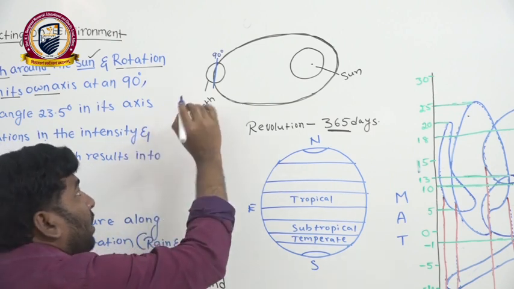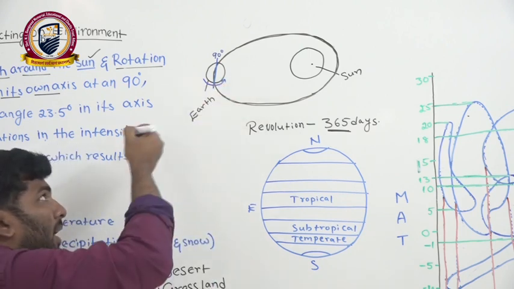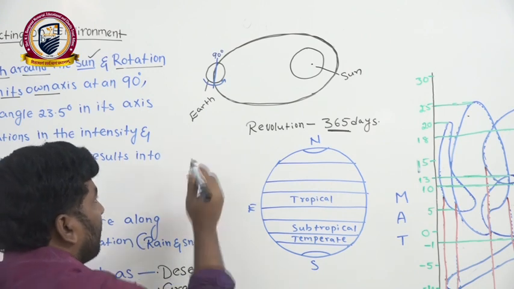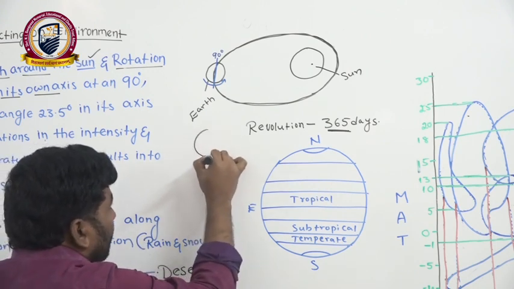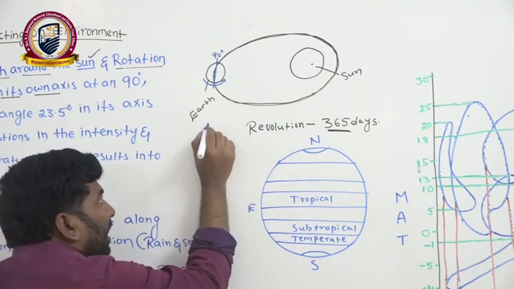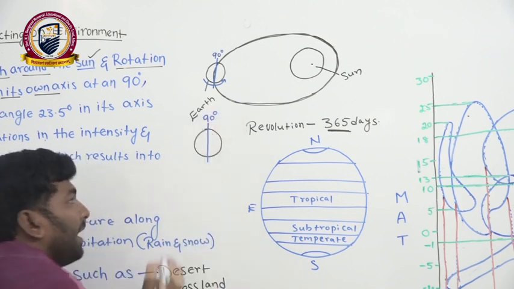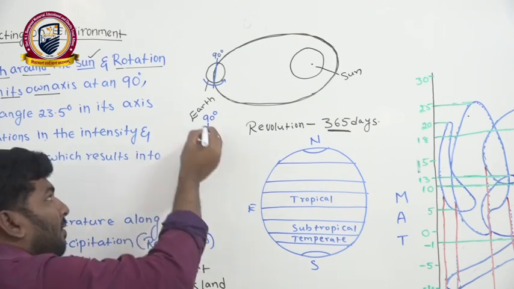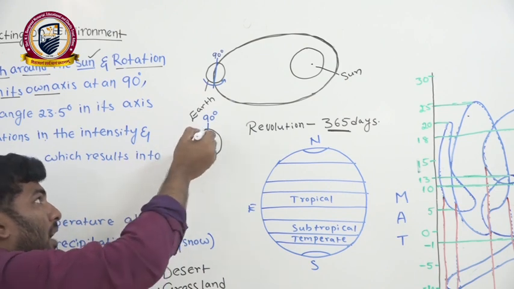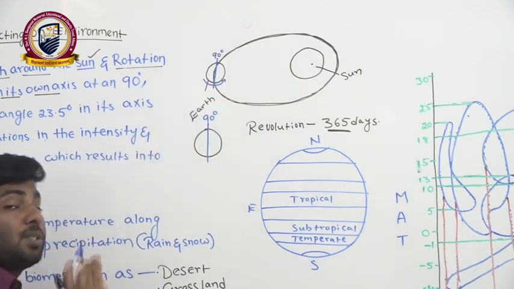This axis is generally at a 90 degrees angle. But while the earth is rotating on its own axis, sometimes, not all the time, this angle changes. Suppose you take the earth here, this is the angle of the earth, 90 degrees. While revolving, along with the revolution, it also rotates on its own axis.